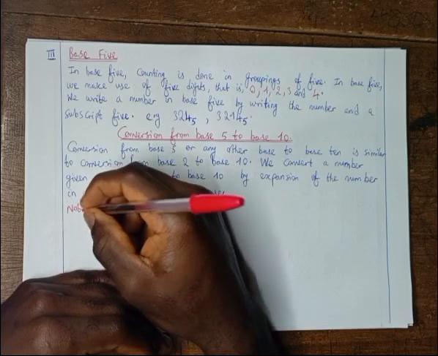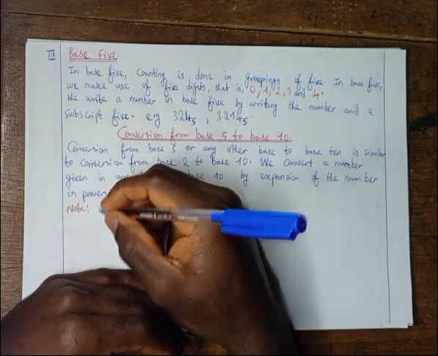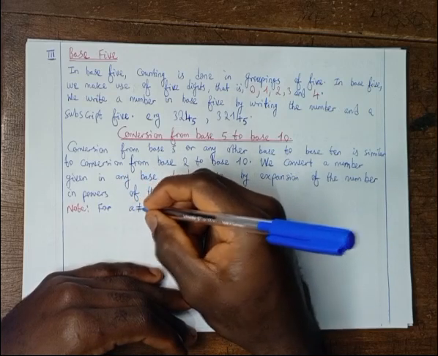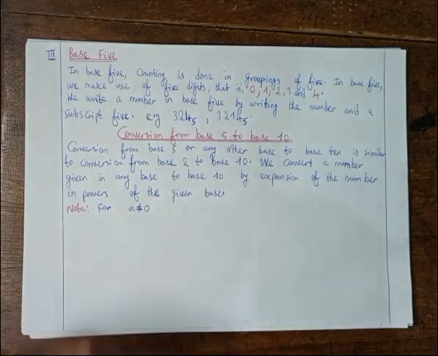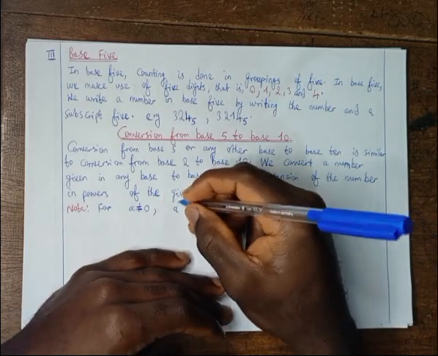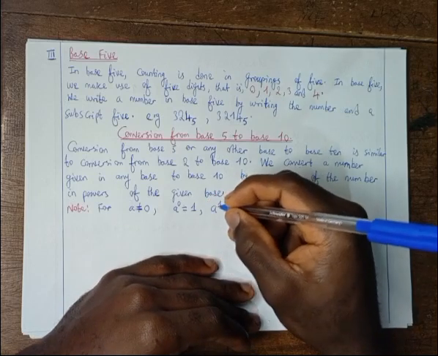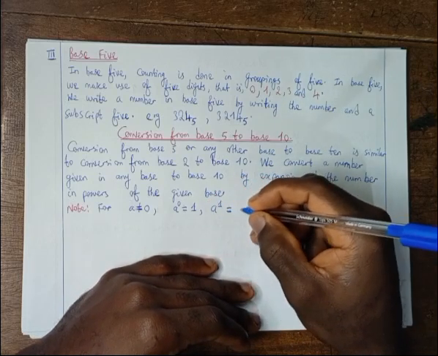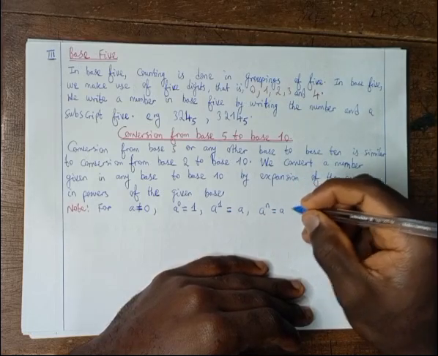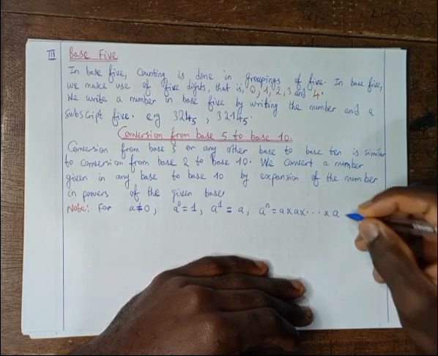It's very important. Note: for a not equal to 0, that means a is a number, but a should be different from 0. We have a to the power 0 is equal to 1. We have a to the power 1 is equal to a. We have a to the power n is equal to a times a times ... times a.